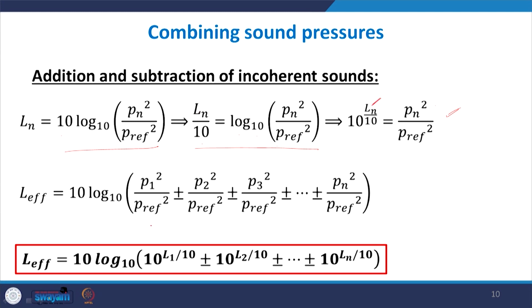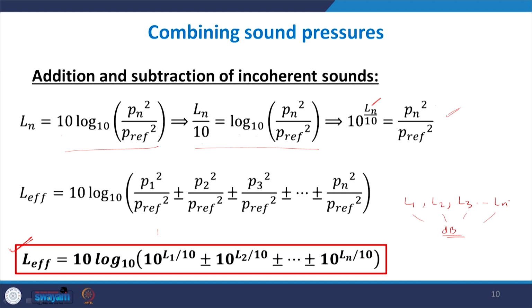So, again putting these respective values, what you get is the total effective SPL. Suppose we have n sources with L1, L2, L3 and so on, such individual n sources having individual levels, all in decibels.